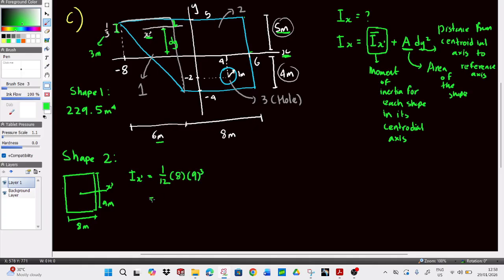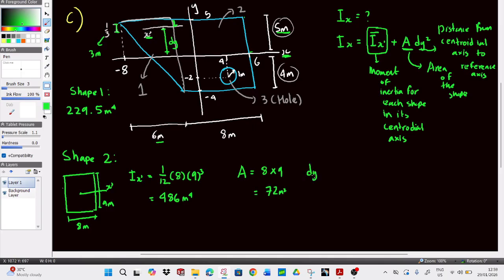So 1 over 12 times 8 times 9 cube gives 486 meters to the power of 4. Then we know the area of the rectangle is simply 8 times 9, about 72 meters squared.